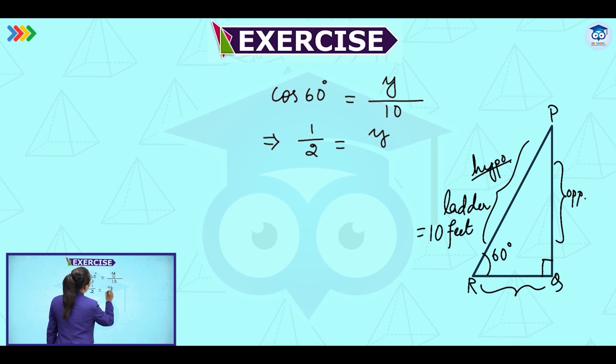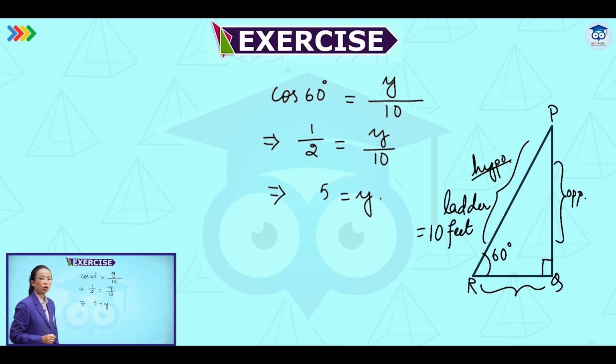So it's y upon 10. Now we will do the cross multiplication. So we have the value of y as 5. So the distance of the ladder from the wall is 5 feet. So like that we have to write the conclusion.